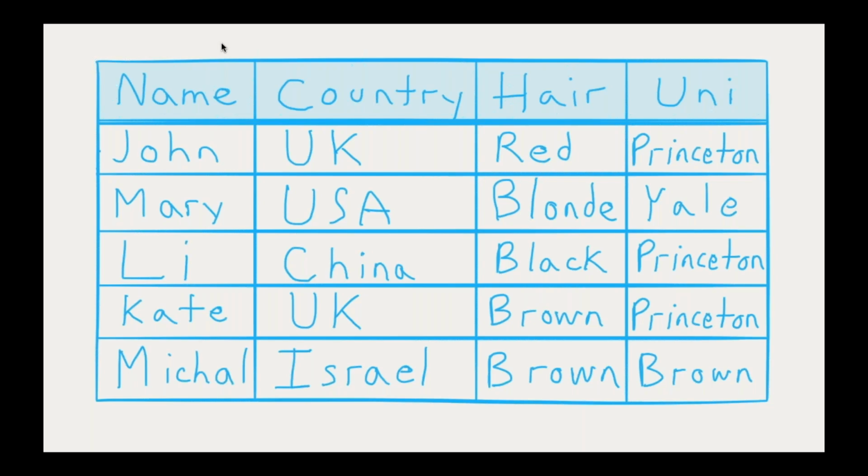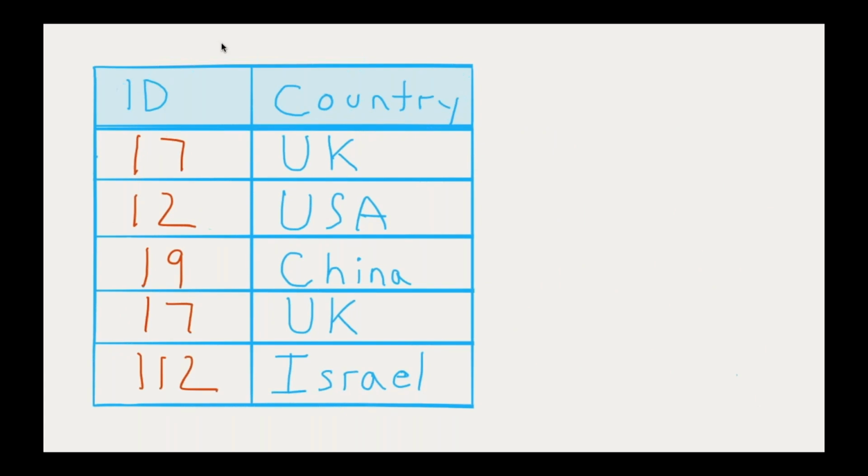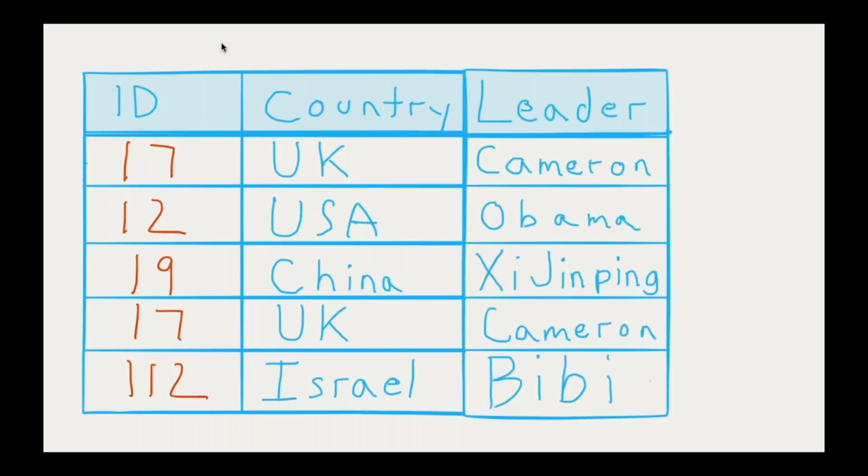A relational database developer thinks of data in tables, so columns and rows. In this case, we're listing out various people and what country they're from, their hair color, and the university they attended. And if we go to normalize this, as we're all taught in computer science classes, we take the countries and make them into separate tables with auto-generated numeric foreign keys, so we can update the name of the countries or the abbreviations, which, believe it or not, does happen quite often.